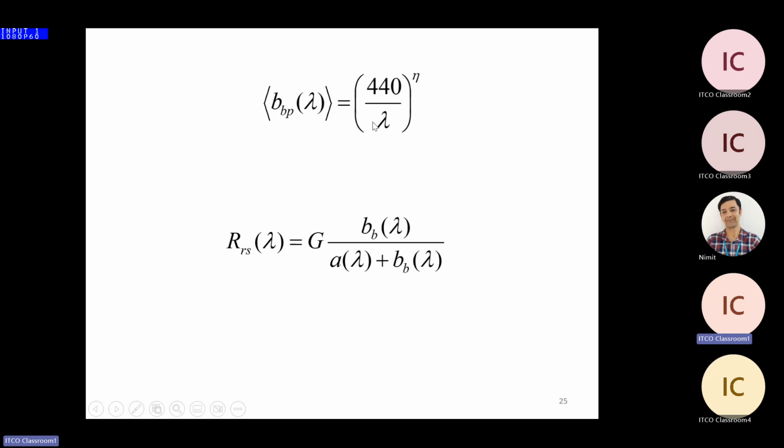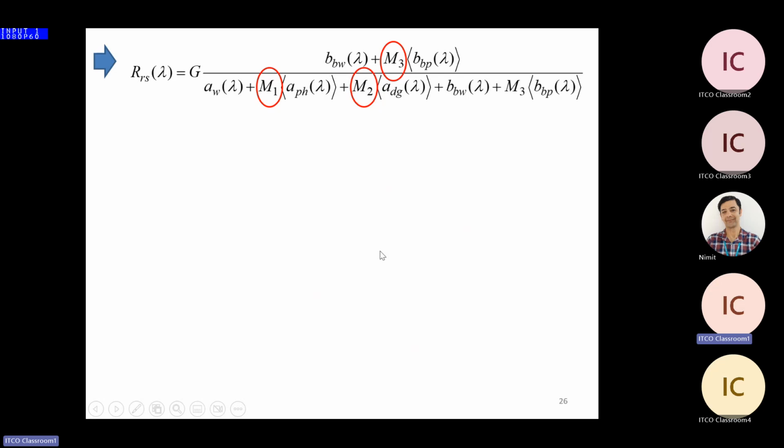So after we have this, we know remote sensing is a function of BB over A plus BB. Put all these modelings into this remote sensing function, and it becomes 3 variables. When you have this spectrum of remote sensing reflectance, it's basically a function of 3 variables: M1 for phytoplankton, M2 for detritus and gelbstoff, and M3 for backscattering.